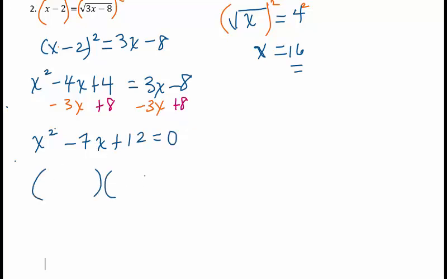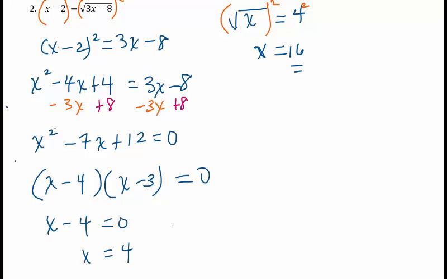Okay, at this point we'll try to factor, and we need factors of 12 that add to give us negative 7. Okay, so negative 4 and negative 3. And then set each factor equal to 0. So if x minus 4 equals 0, x is 4. But if x minus 3 equals 0, then x is 3.